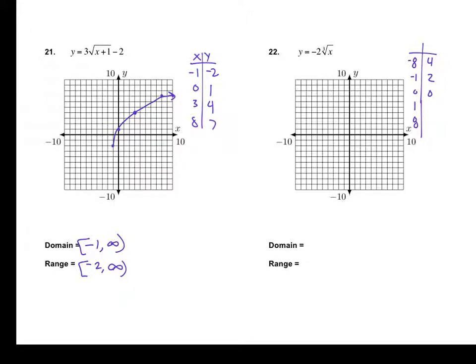Cube root of 1 is 1 times negative 2 is negative 2. And the cube root of 8 is 2 times negative 2 is negative 4. Plot our points. And once again, all real numbers and all real numbers.